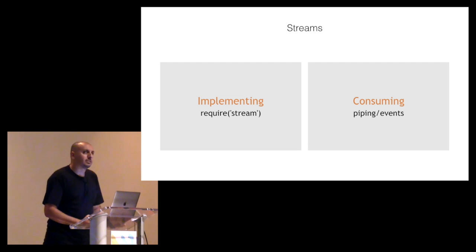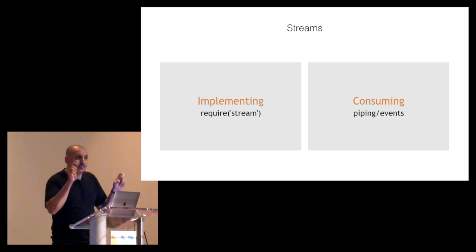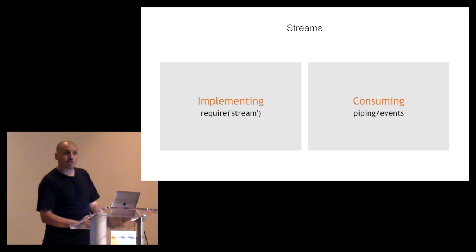But in most cases, you just consume streams because they're all over the place. So if you're inside an Express HTTP server, that res object is a stream. And you should know that it's a stream because now you can stream information to your clients. But you're only consuming that stream. That's why you didn't need to require streams.